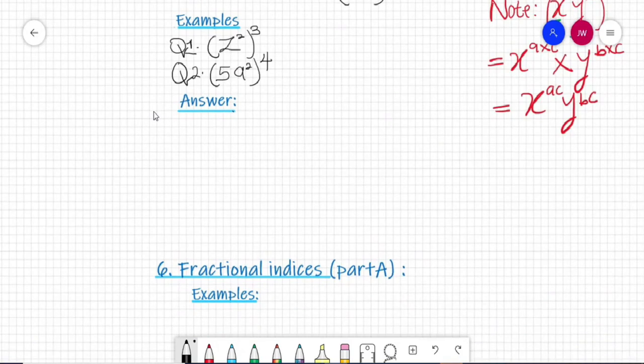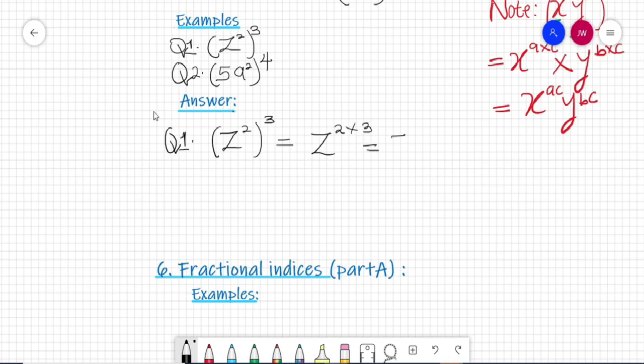Let's solve this. For question 1, we have z raised to the power of 2 enclosed in a bracket raised to the power of 3. This can be further simplified into z raised to the power of 2 times 3, and this is equal to z raised to the power of 6.